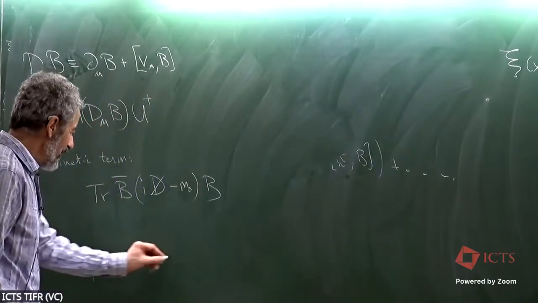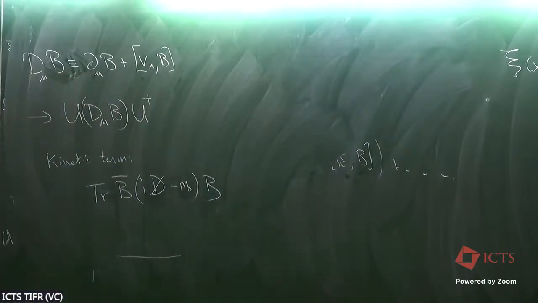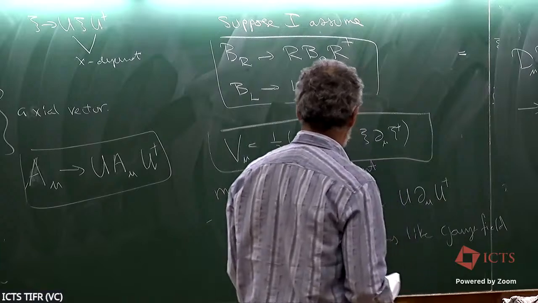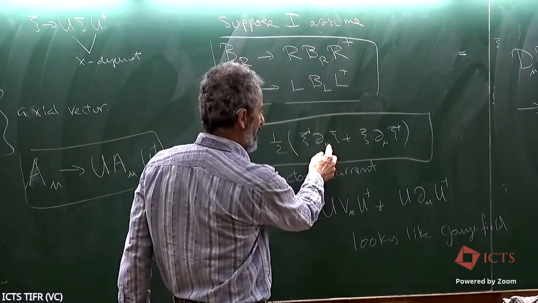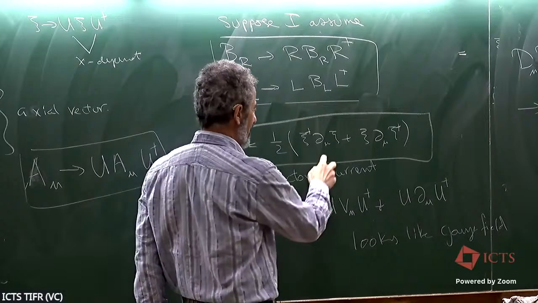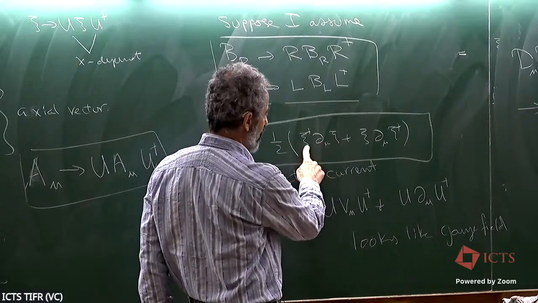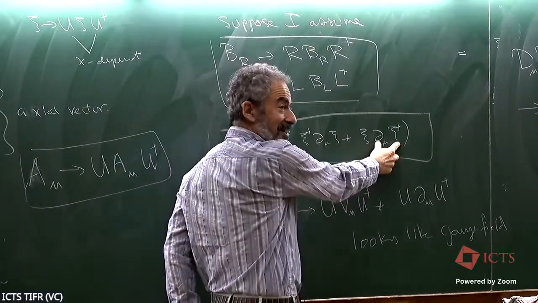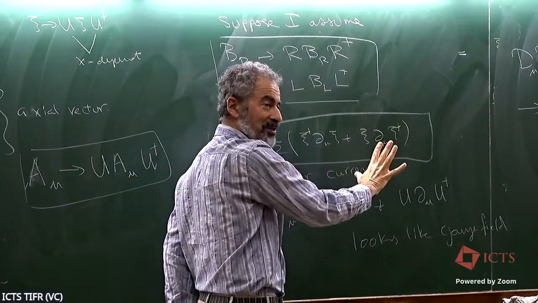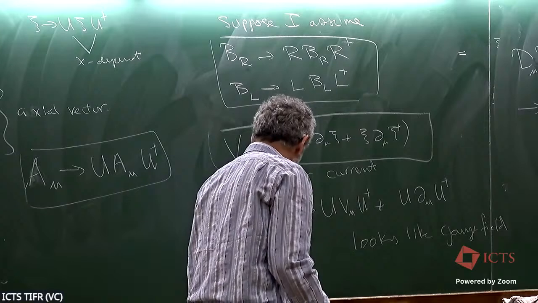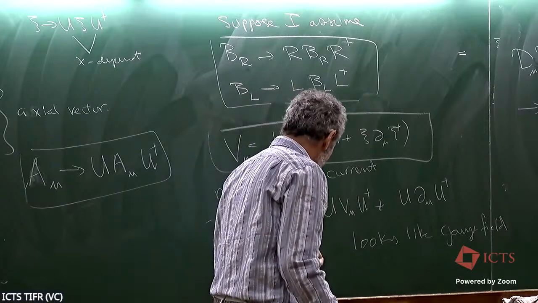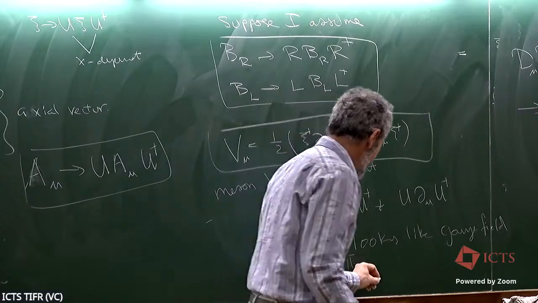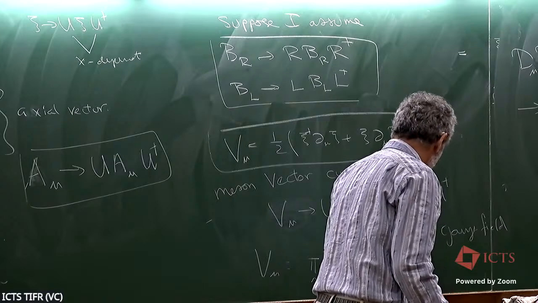So the V field, if you expand this thing in pions, the linear term in d pi cancels because I have a d pi from this. If I take a one, this is one, this is i d pi. This is one, this is minus i d pi because of the dagger. So there is no term that's odd in pions. V mu looks like pi i d mu pi plus order pi fourth with a derivative in it.